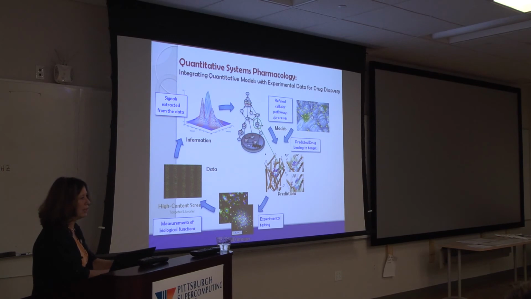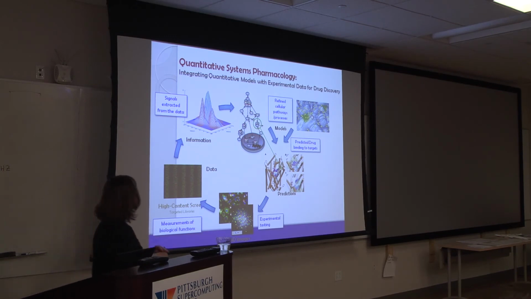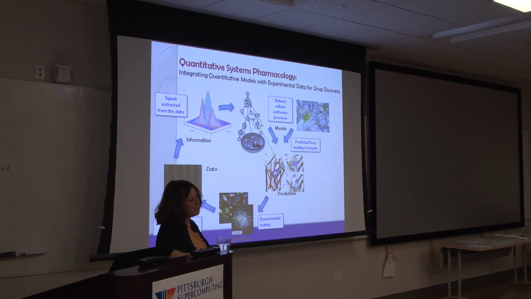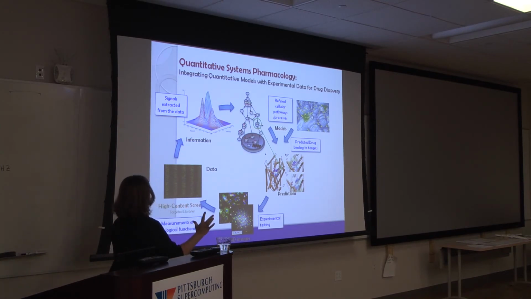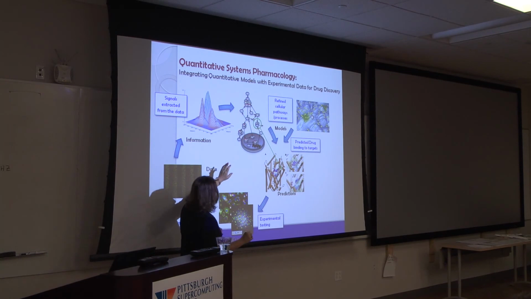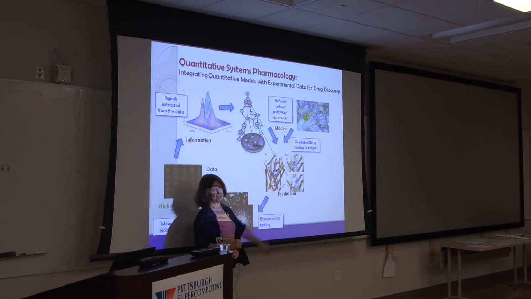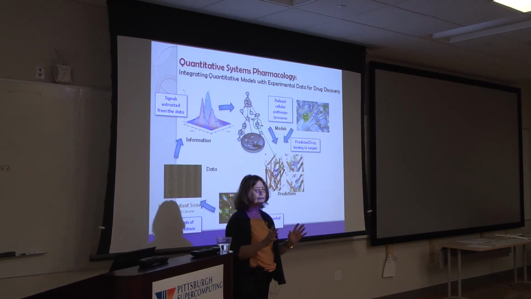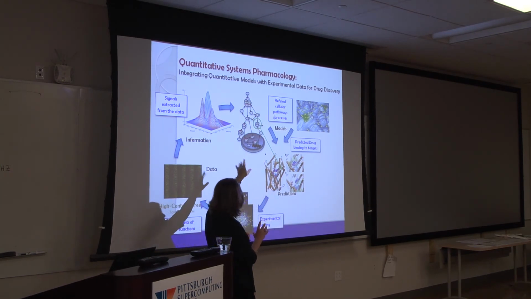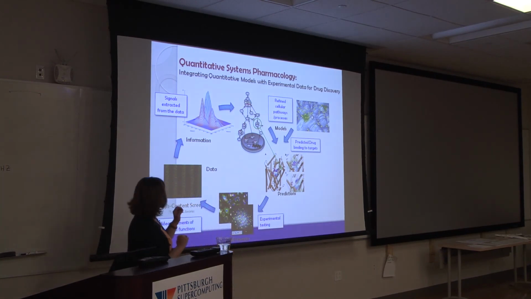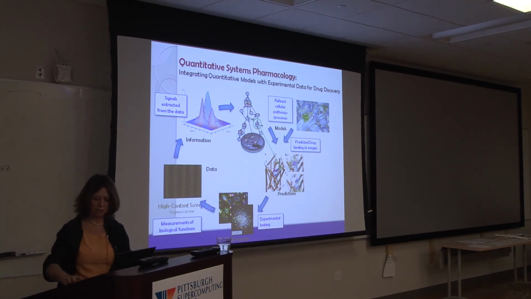It's a new area. It's not molecular pharmacology, it's quantitative systems. The whole idea is that you take the effect at the level of the entire cell, and you extract a network of proteins, and then in this network you identify some critical nodes which you would like to target, okay?